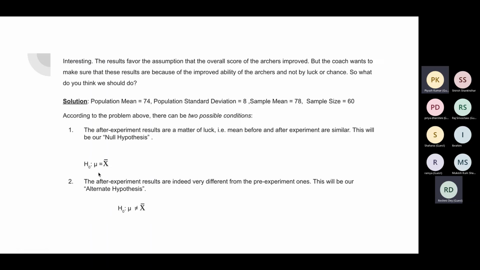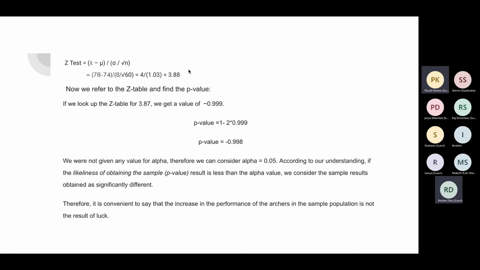Since here no level of significance is mentioned, by default we consider alpha to be 0.05. If in any question the level of significance is not mentioned, by default we consider the level of significance to be 0.05, that is 5%.